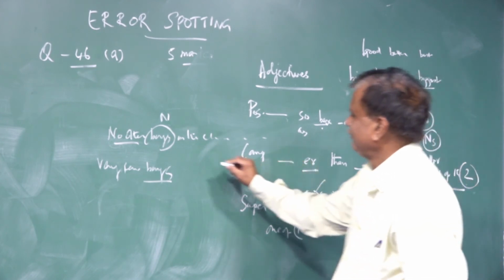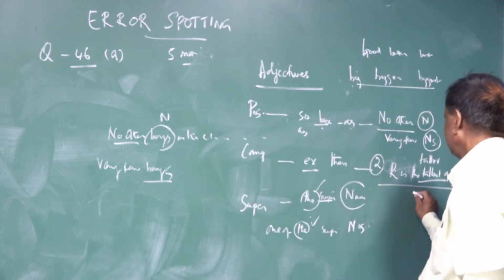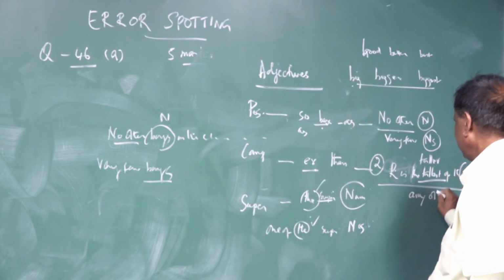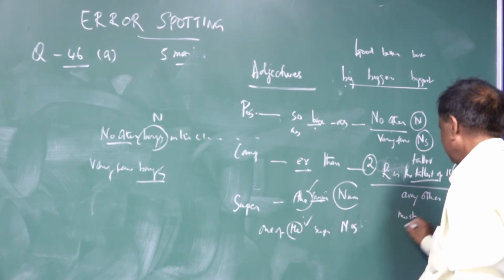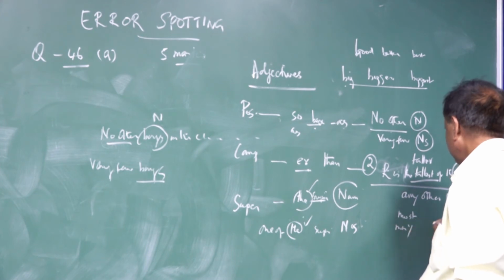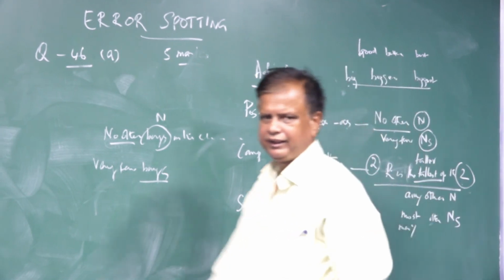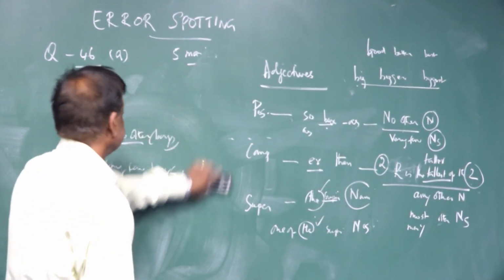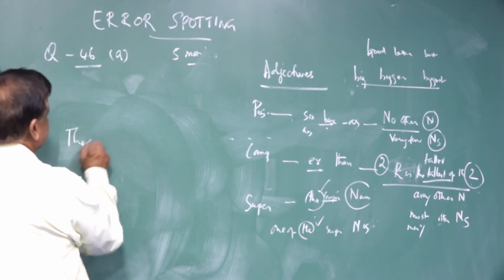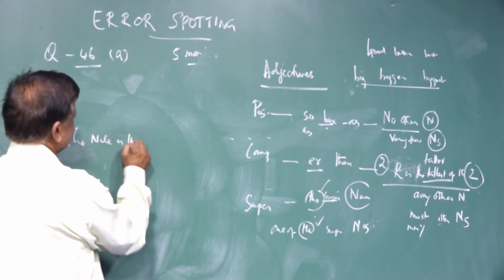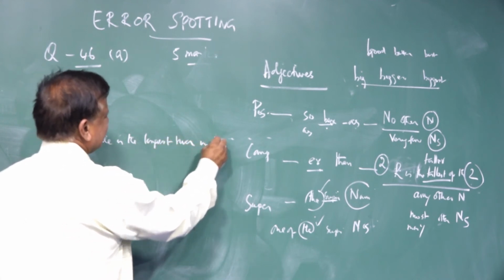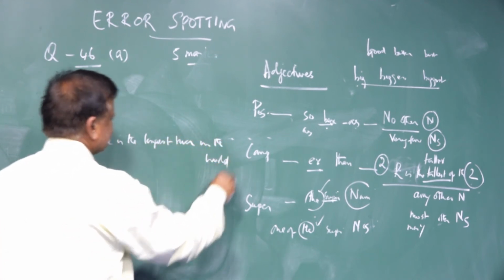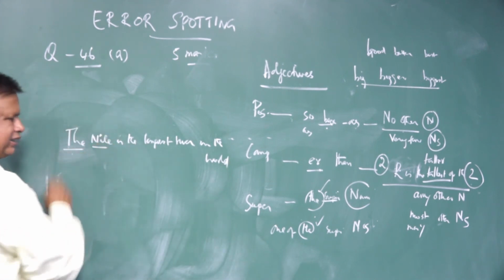Similarly, the other structure for this is, I should see any other noun, most or many other nouns. You will be easily tricked here. For example, if I say the Nile is the longest river in the world. Clearly the is used before the river.